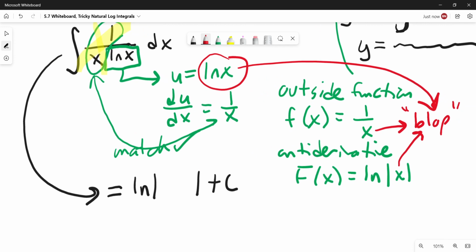So what goes in the argument for ln here? ln x. That goes here. Yes, that's right. It's the ln of the absolute value of ln x plus c. Okay. Whoa. That's right.